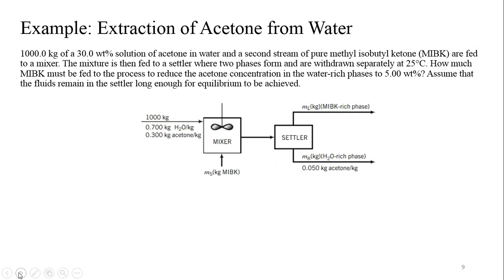All right. So let's consider extraction of acetone from water, and this time we're going to use MIBK. So we're going to take 1,000 kilograms of a 30 weight % solution of acetone in water. We're going to feed in some MIBK. We're going to mix it. We're going to transfer that over into a settler.